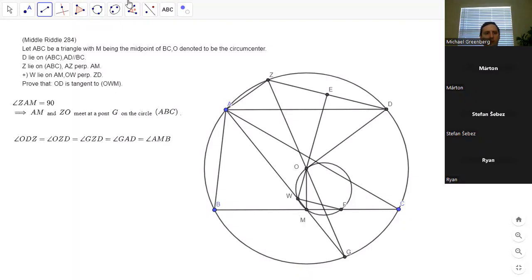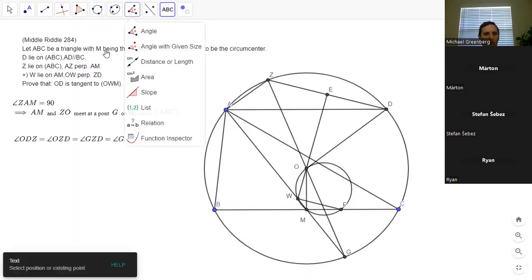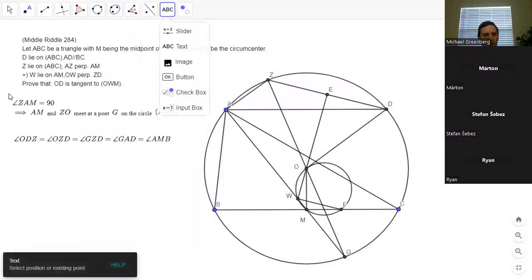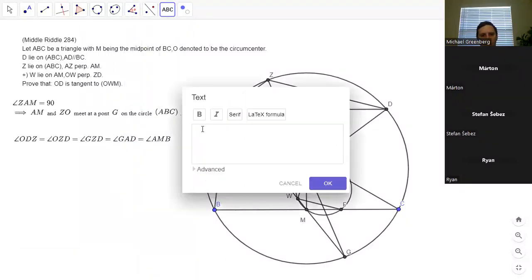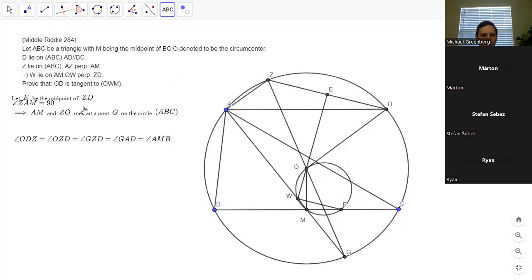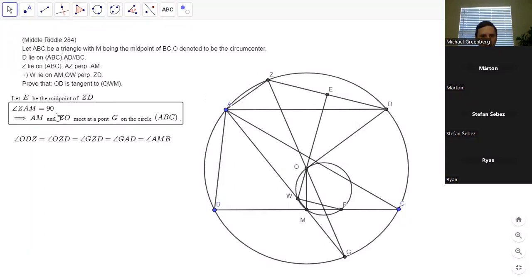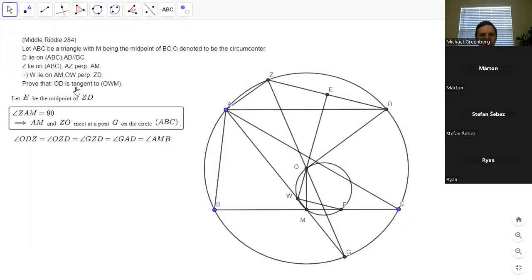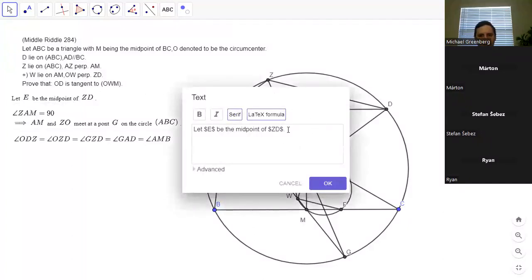Okay, so let E be the midpoint of ZD. Then E, O, and W are collinear.